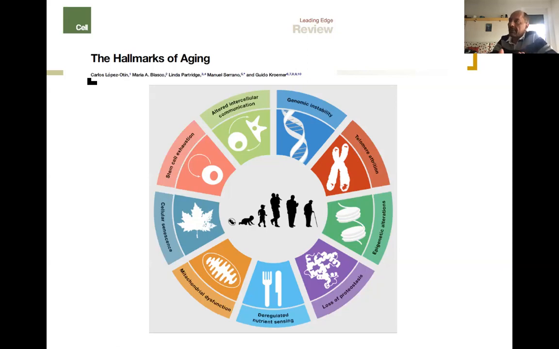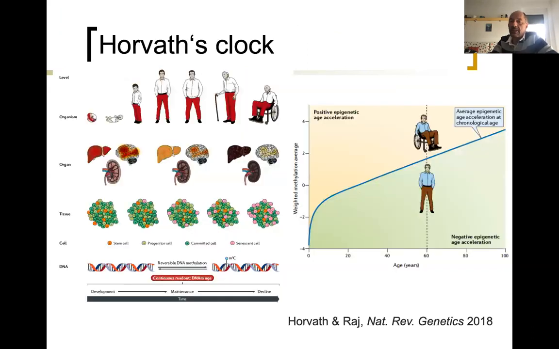the chromatin and for the lack of expression of various genes, is so important that actually you can define, based on the degree of methylation of the DNA, what is known as Horvath's clock.